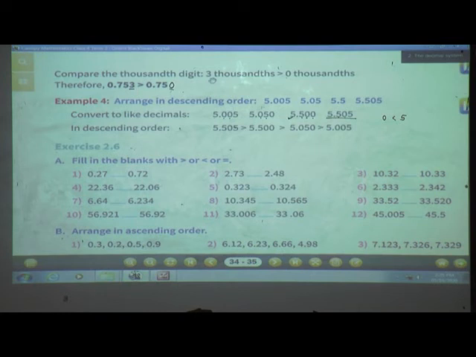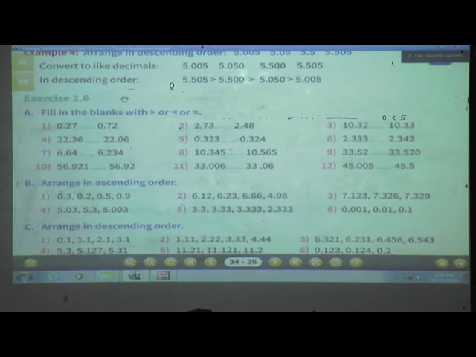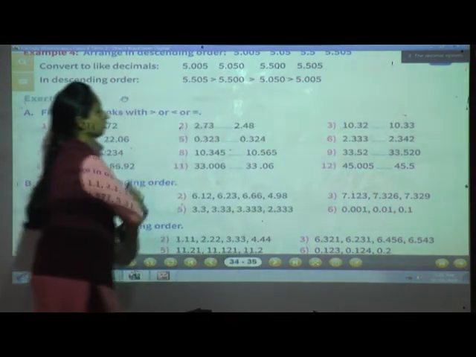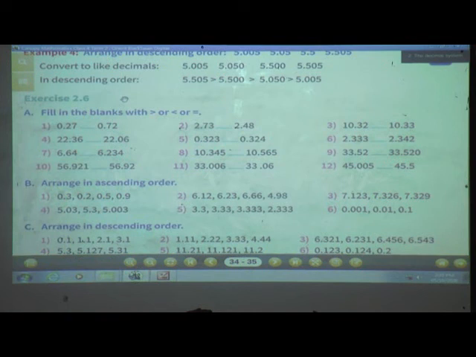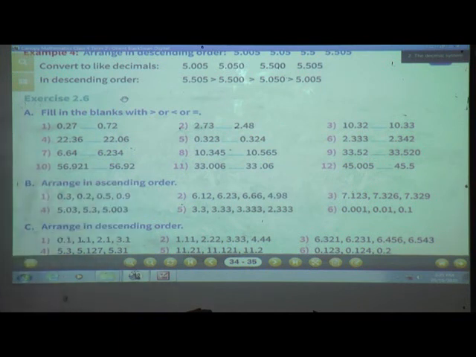Now we will solve exercise 2.6. What is the A question? Fill in the blanks with greater, smaller or equal symbols. Okay.